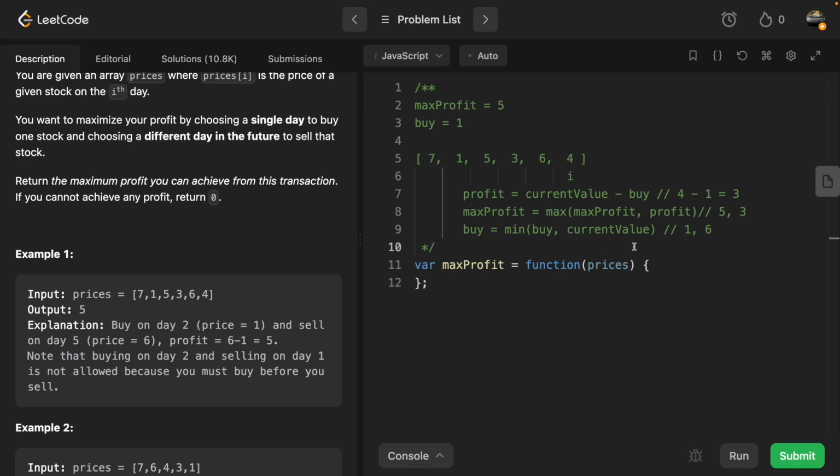And for the buy, the previous buy is 1 and the current value is 4. So 1 and 4, 1 is still the smallest value. So the answer is 5 for the max profit. We buy at day 2, which is the value 1, and we sell it back at day 5 with the value 6, and 6 minus 1 is 5.